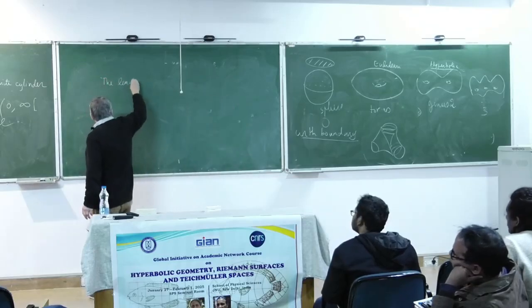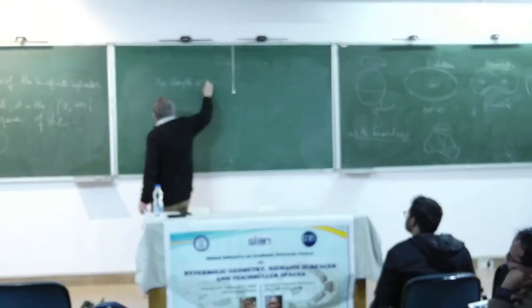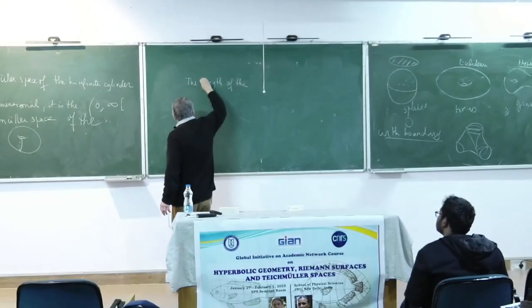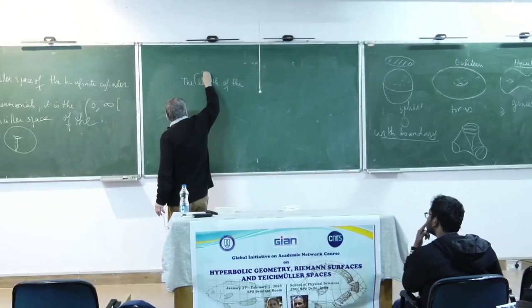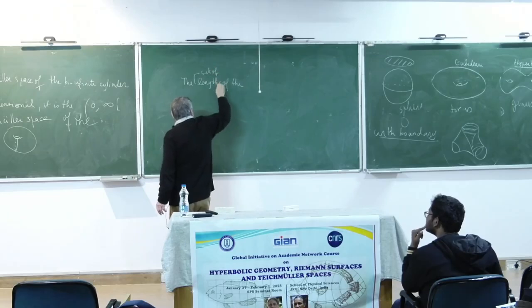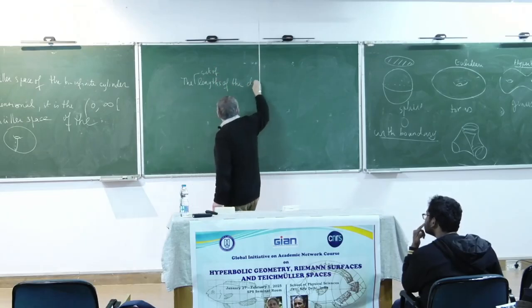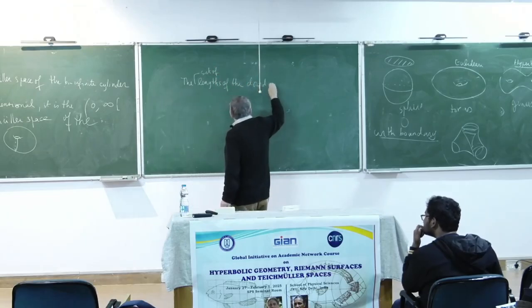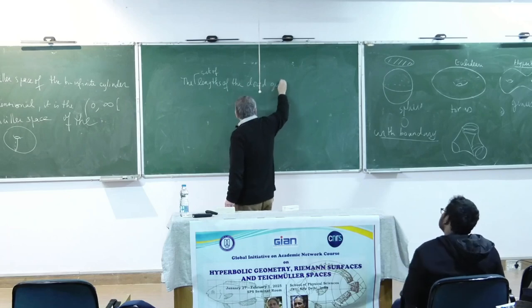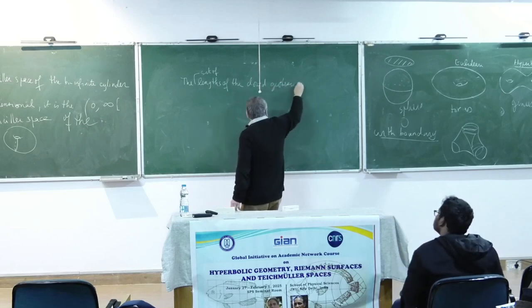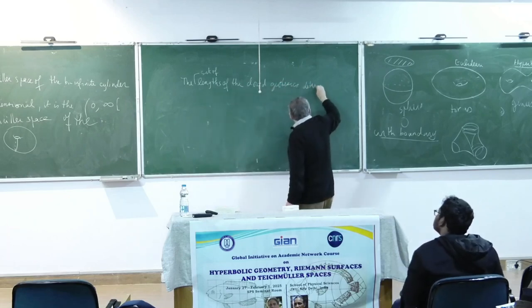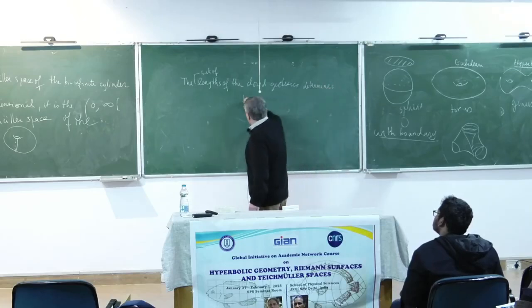the set of lengths of the closed geodesics determines the isometry type.